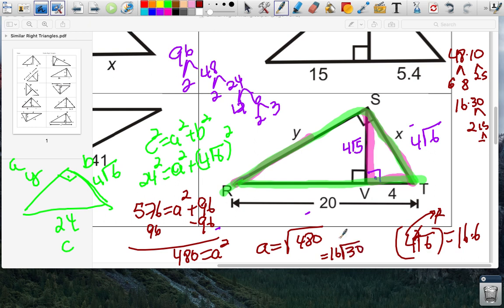And I just want to confirm that. So I take 480 and I take the square root of that. It's going to give me 21.91 rounded. And if I did square root of 30, and then multiply that by 16, I don't get the same answer.